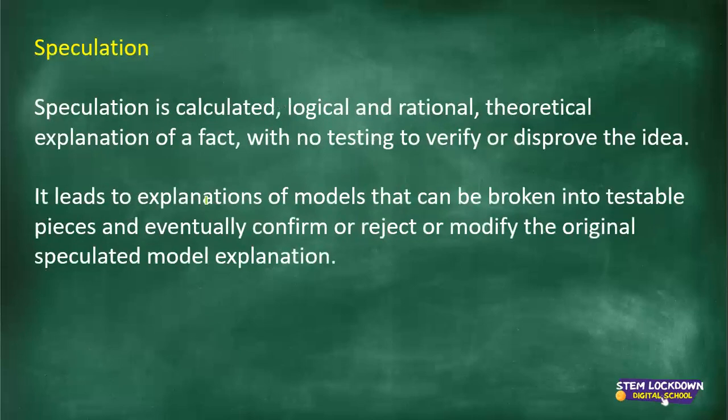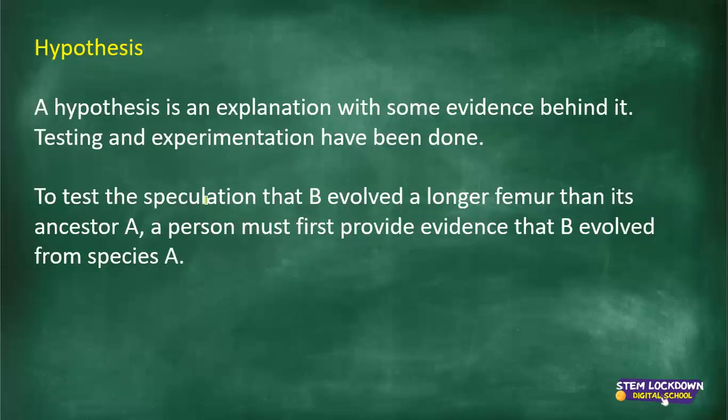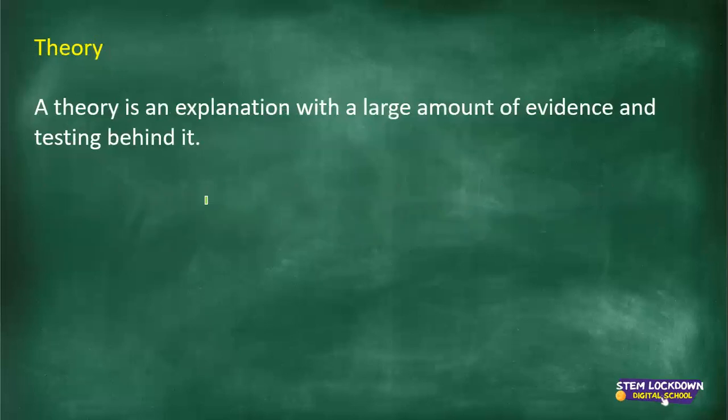Now to test this speculation that B evolved a longer femur than its ancestor A, you must first prove that indeed A is the ancestor of B. That's then the hypothesis. And then a theory. A theory is an explanation with a large amount of evidence and testing behind it.